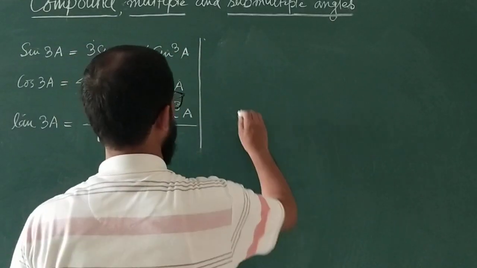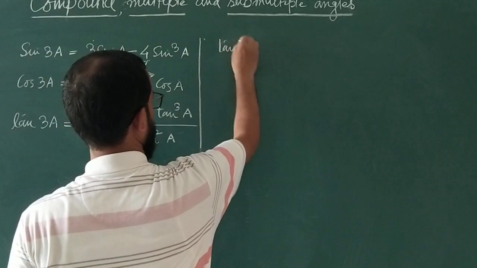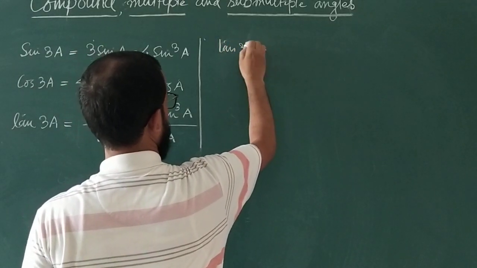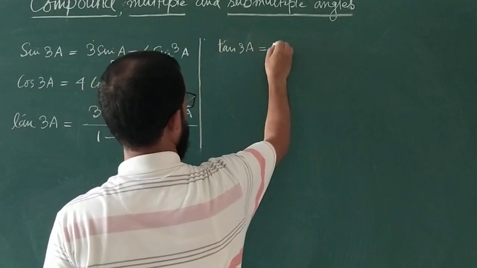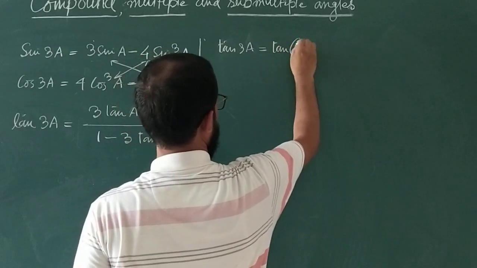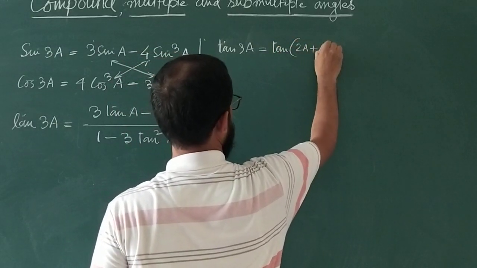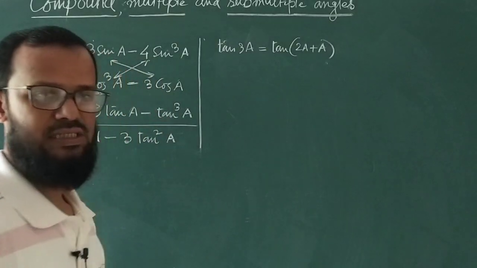So tan 3a, similarly tan 3a can be written as tan of twice a plus a.